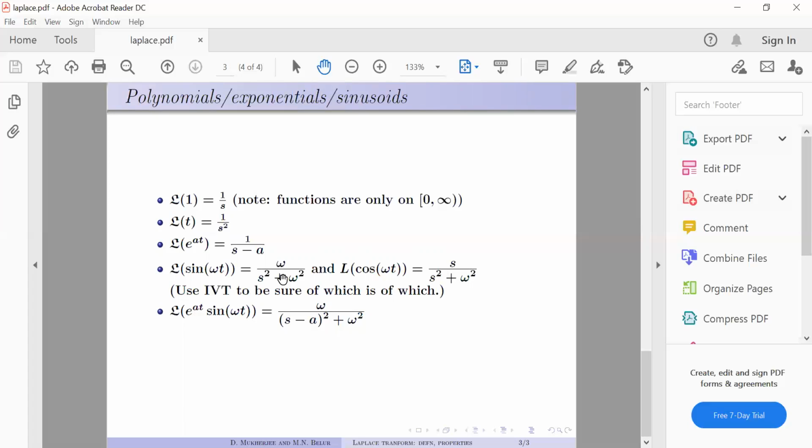For all these functions and many more, you'll gradually have them committed to your memory. With practice, you don't have to go through the effort of memorizing. It happens with practice that you'll remember the relation between the time domain function and its corresponding Laplace transform.